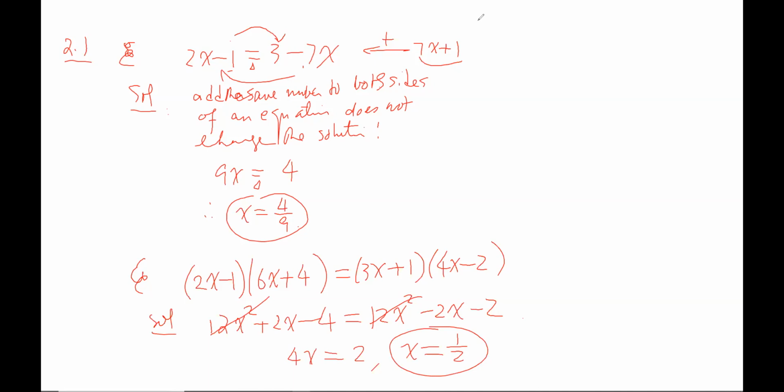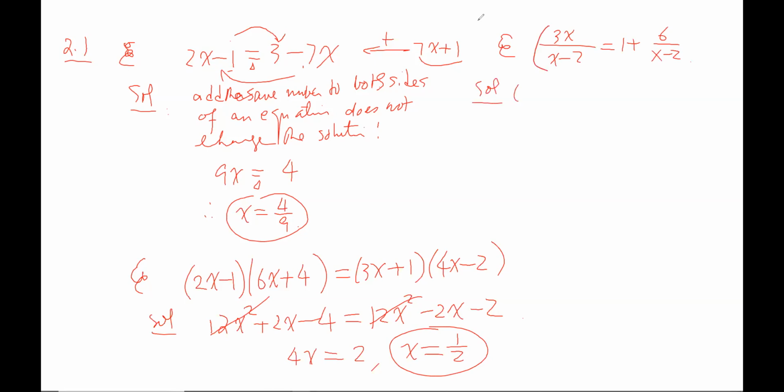Very good. How about this example then? Let's do 3x over x minus 2 equal to 1 plus 6 over x minus 2. Multiply both sides with x minus 2.